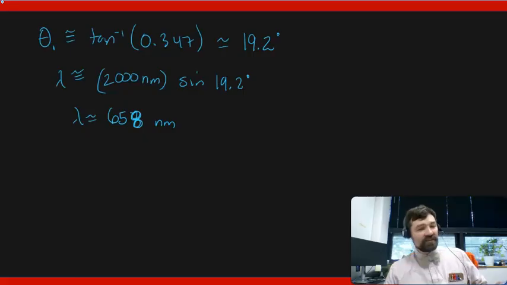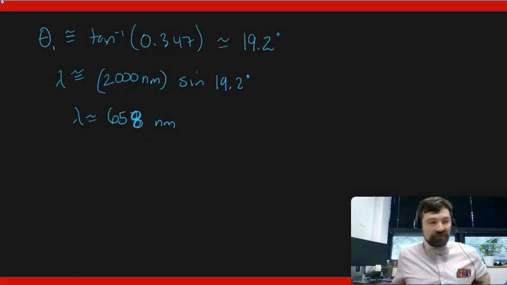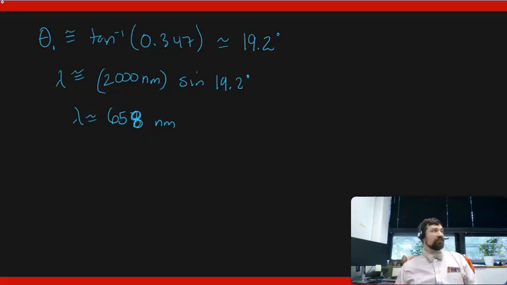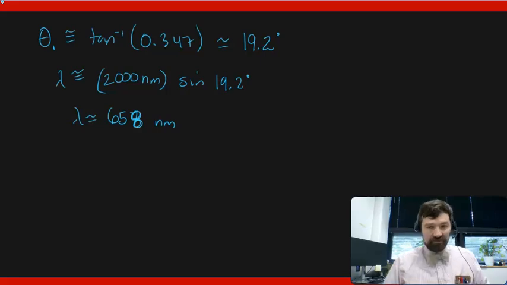Now the standard accepted value for hydrogen is about 656 point 4 something nanometers. So 657.7, we're off by about 1 and change nanometers. That's less than a 1% error if you're doing percent errors here.